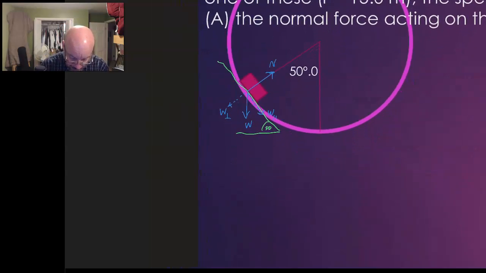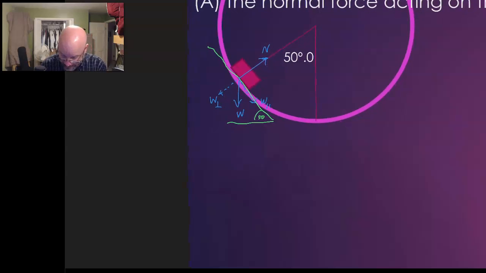So if we make our free body diagram, when we're on a slope, it's usually really helpful to go ahead and make that free body diagram on the slope. And so we'll have our normal force here. And then here's where I'm going to put the perpendicular component of the weight. Here's where I'm going to put the parallel component of the weight. And there's the normal force, just like that, okay?